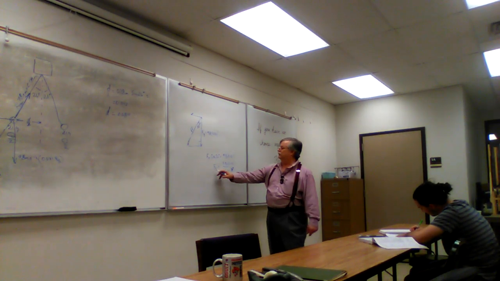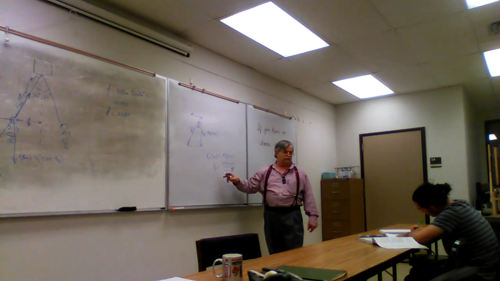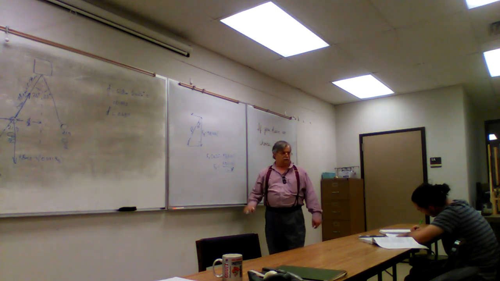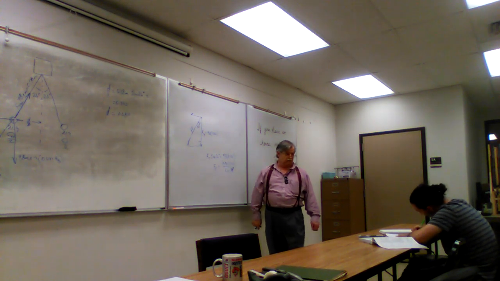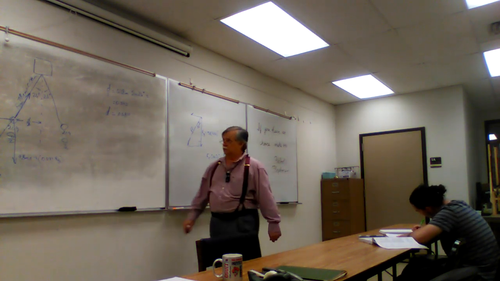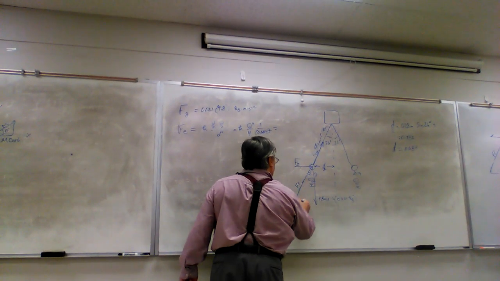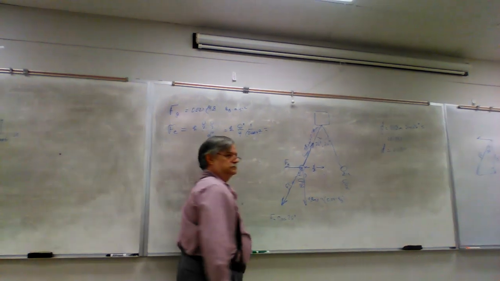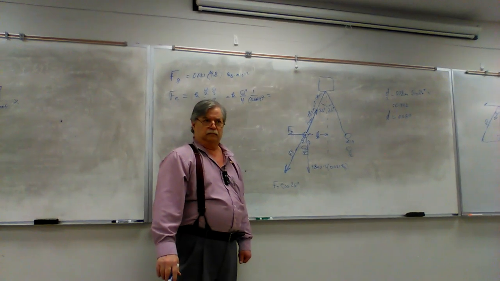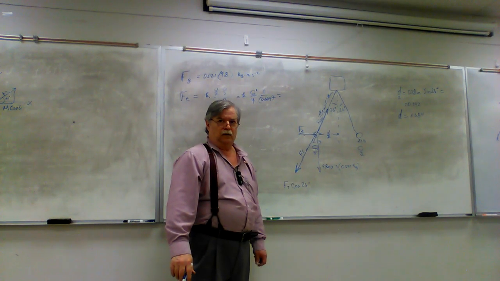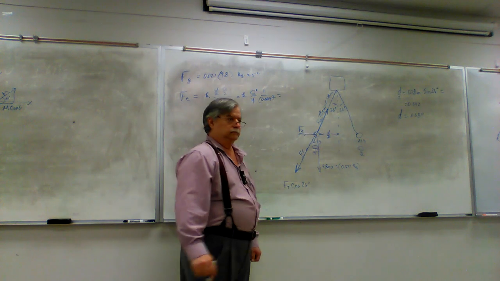You see, we just divide both sides by cosine of 26, and that leaves us with an actual number that we know is the magnitude of this total force vector. Okay?